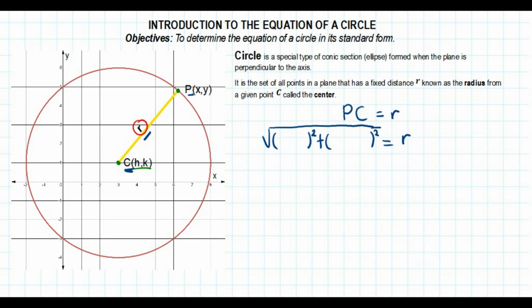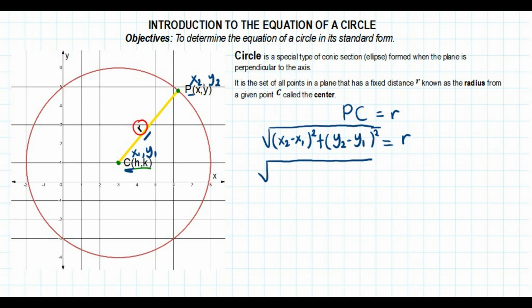So, di ba ito si x sub 1, y sub 1, x sub 2, y sub 2. Ayan. So, substitute lang natin. X sub 2 minus x sub 1, y sub 2 minus y sub 1. Ayan.